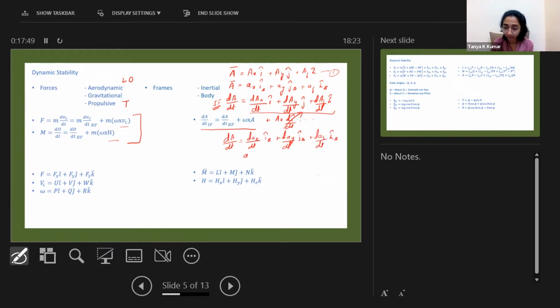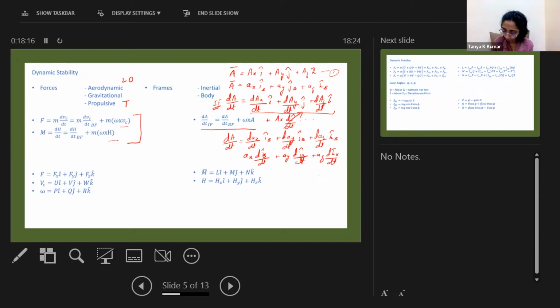Here in this case, it will not be 0 because your unit vectors, that is iB, jB, kB, are fixed to the body and they change when the body changes. So Ax diB by dt plus Ay djB by dt plus Az dkB by dt.